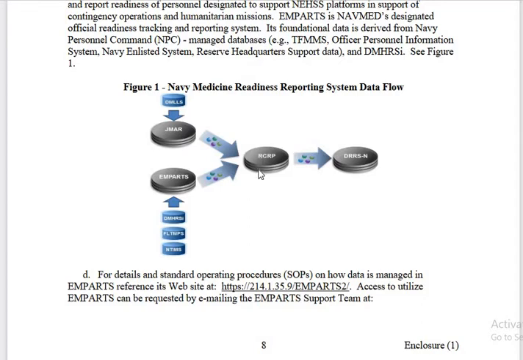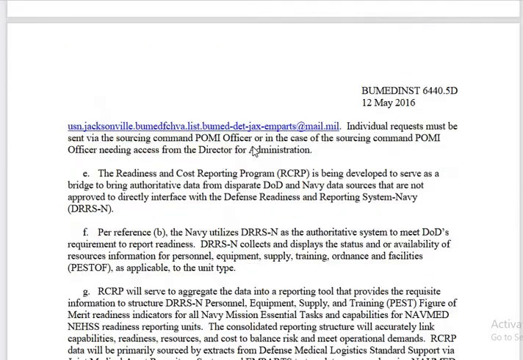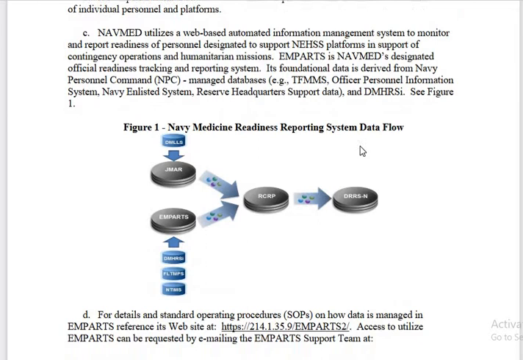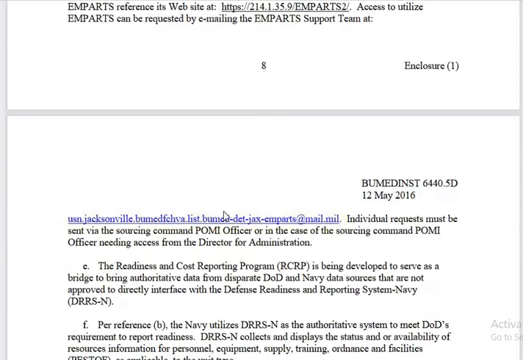RCRP is the readiness and cost reporting system, which it says here is a development to serve as a bridge to bring authoritative data from disparate DoD and Navy sources that are not approved directly to interface with DIRS. DIRS is Defense Readiness Reporting System, which I think is kind of self-explanatory. DIRS is like the big thing, but MParts is the big part of it too.